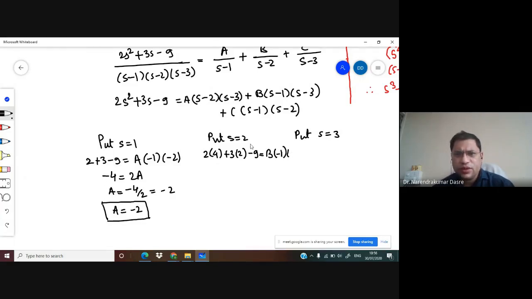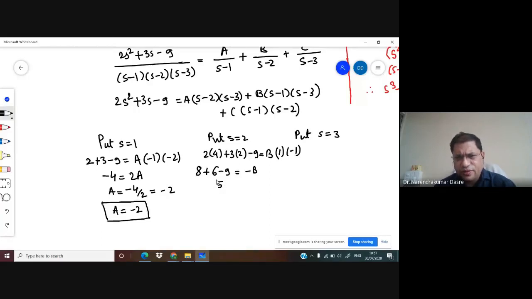Sorry, this is going to be 1 here. If you are putting S is equal to 2, then this 2 minus 1 is going to be 1, and this term 2 minus 3 is going to be minus 1. So I can have this 8 plus 6 minus 9 is equal to minus B.